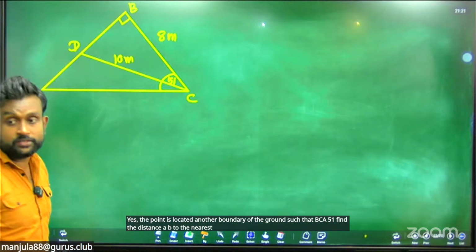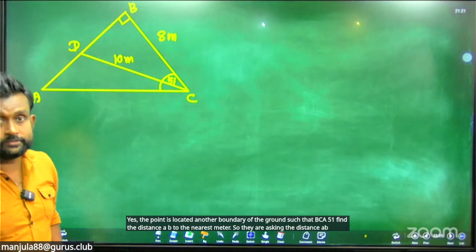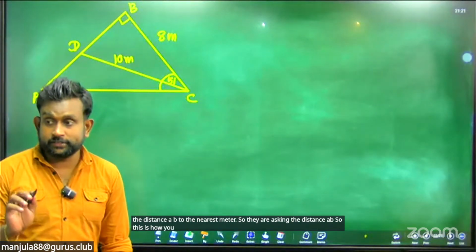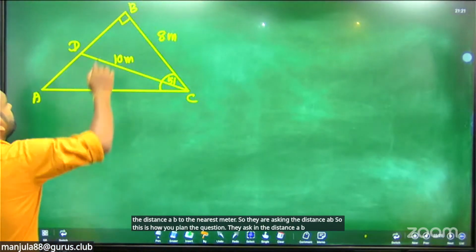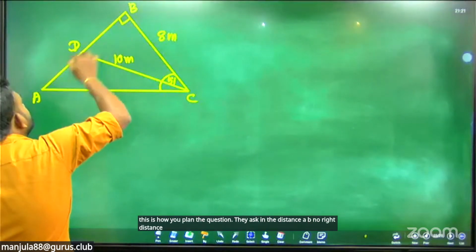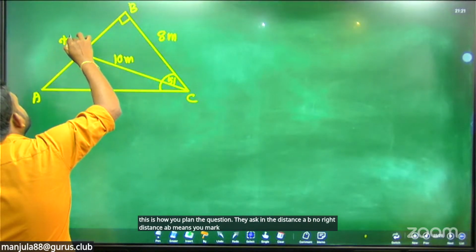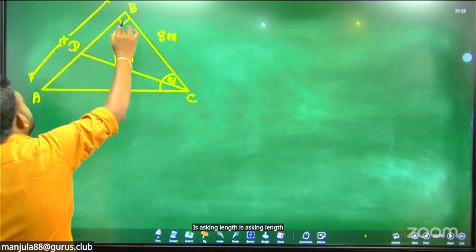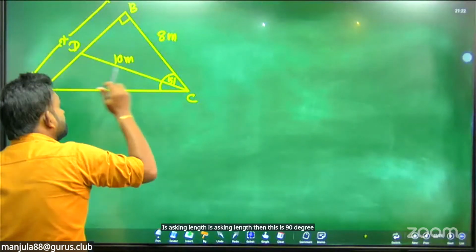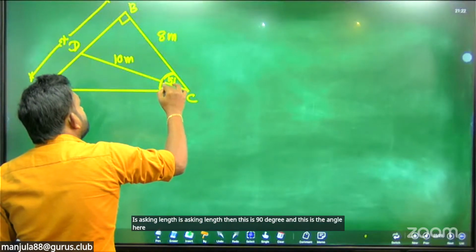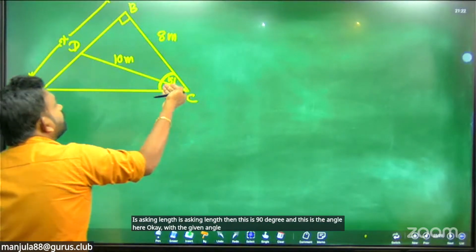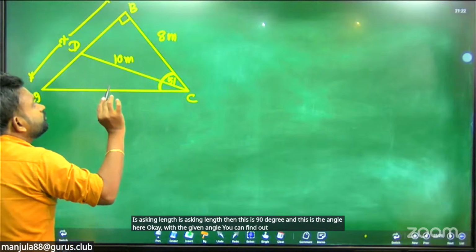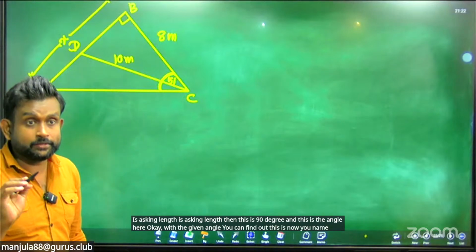They ask for the distance AB. So this is how you plan the question. Distance AB means you mark AB as the asked length. This is 90 degrees and this is the given angle. With the given angle, you name the given side lengths.